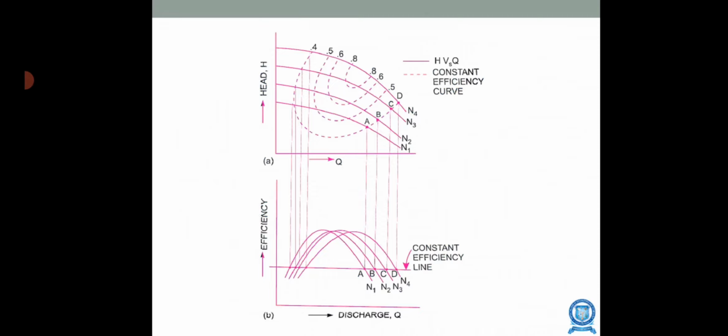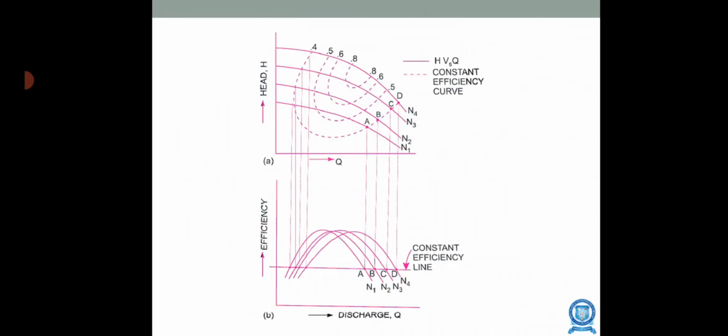You can see the constant efficiency curve, and how it is plotted. We take certain points for various speeds and get this curve, and from these we point out and get the constant efficiency curve.